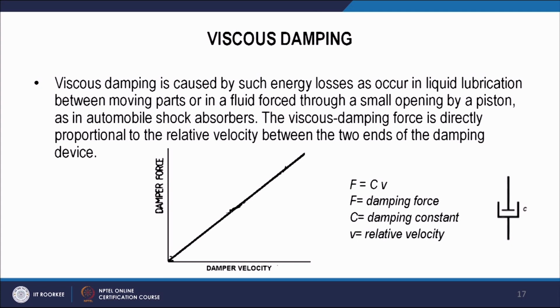For a viscous damper, the force velocity relation is linear. So here we can see the damper force and velocity relation. That is linear: F equal to Cv, where F is the damping force, v is the relative velocity, and C is the damping constant. We represent this element like this.